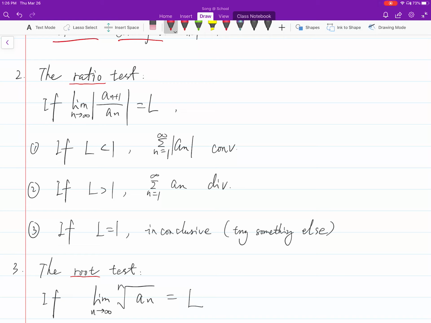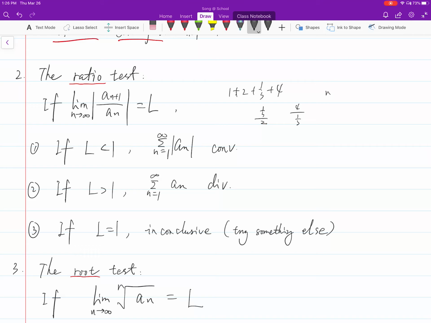For the ratio test, you check a_{n+1} divided by a_n. What I mean is, if you have a series, you have 1 plus 2 plus 1/3 plus 4, whatever. All you need to do is take the next one divided by the previous one. You keep doing this. Then when n is big, you will have a ratio.